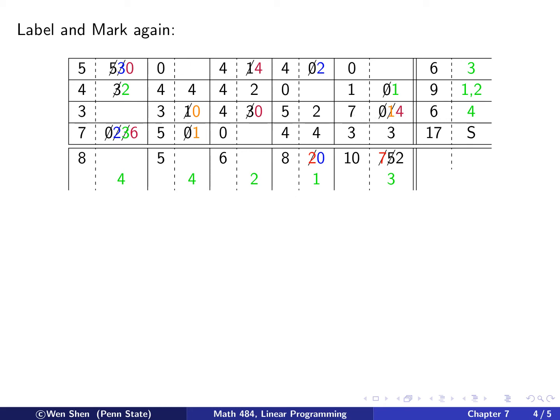And then we would check, can I increase this to connect this to row 3? And I see yes, this is only 4 and I have 7. So I will mark row 3 here. Okay, now we have marked all the rows and the columns. So there is a flow that will take some surplus from row 4 to eventually to column 5. Let's find it.